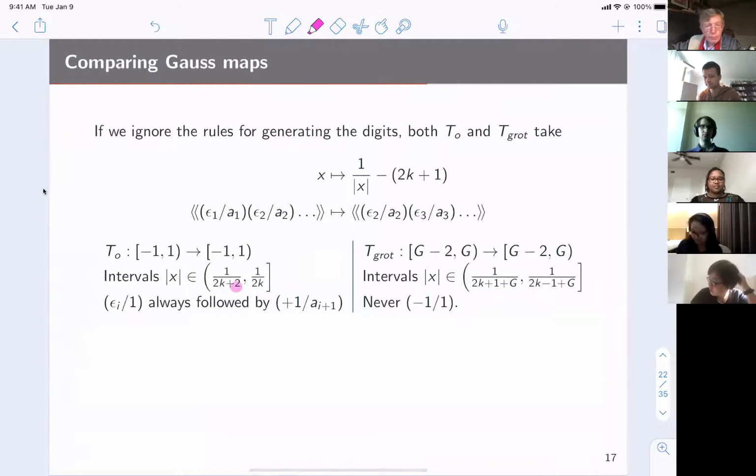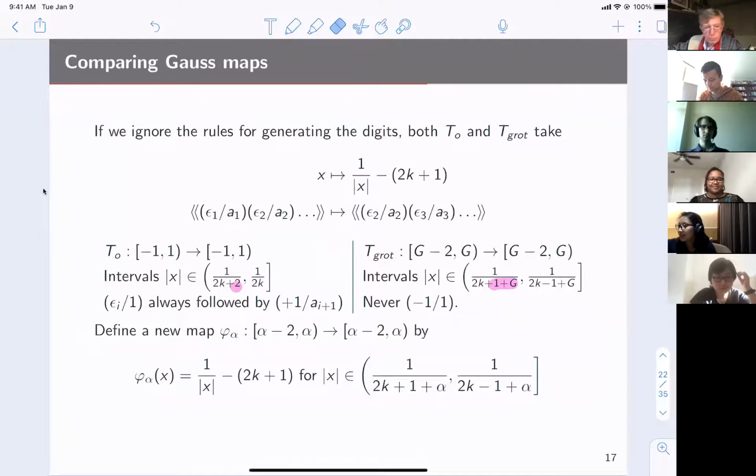So here we have +2, here we have +1 plus g, and then there's a hidden +0 and -1 plus g here. And then the digit restrictions are different.